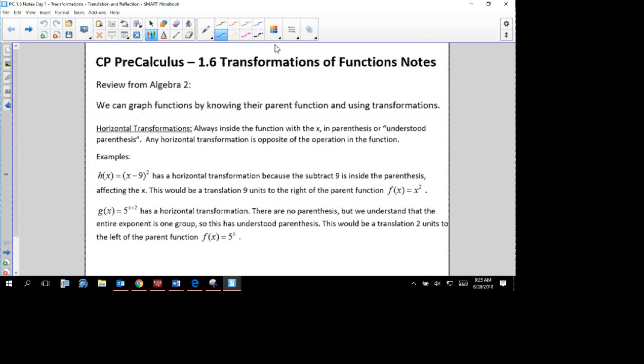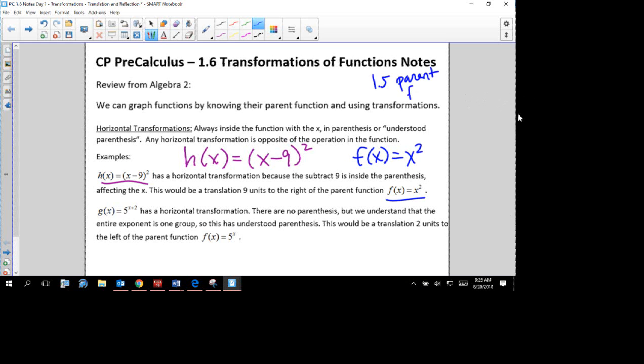So this very first example, I'm just rewriting it, it's bigger, but it's right there. h of x equals x minus 9 squared. And then you think about the parent function, which is f of x equals x squared. So that's our parent function. In section 1.5, that's when we went over parent functions.